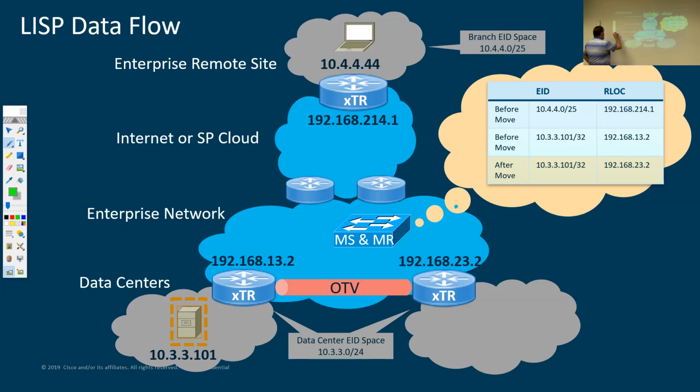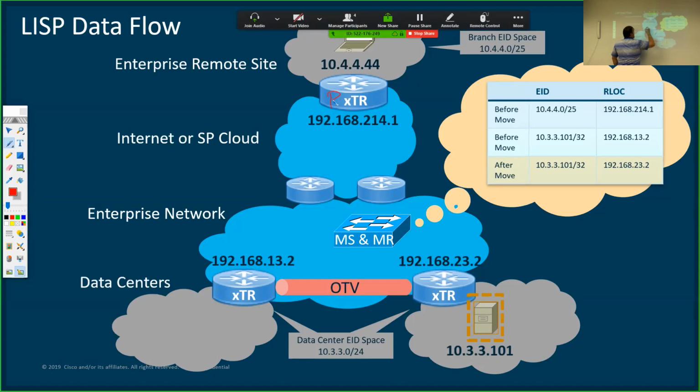And that's why I would tell you that this top router is known as a proxy ingress tunnel router right here, or a border plane node in SD-Access. These guys are both an ingress and egress tunnel router, but they're part of the LISP site. So these are typically what we would call our edge devices in an SD-Access environment.